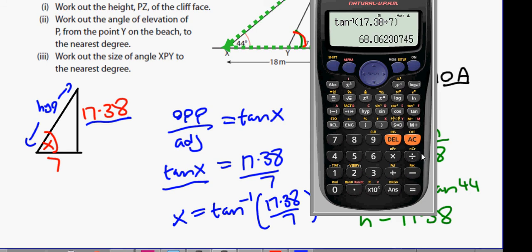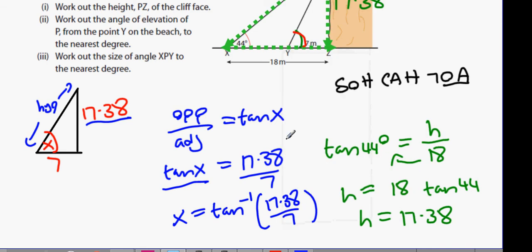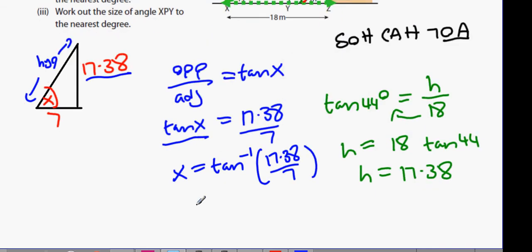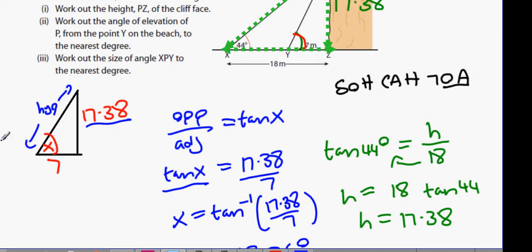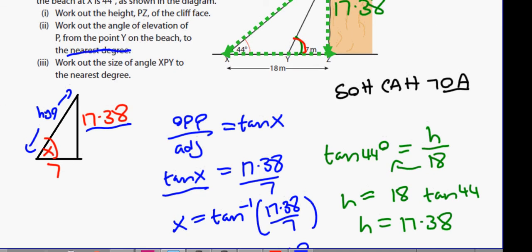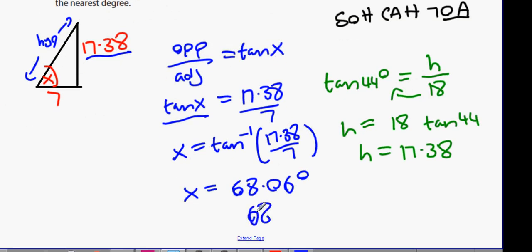And what we get here is 68.06. Are we happy with that? And it says to the what? Nearest degree. 68 degrees.